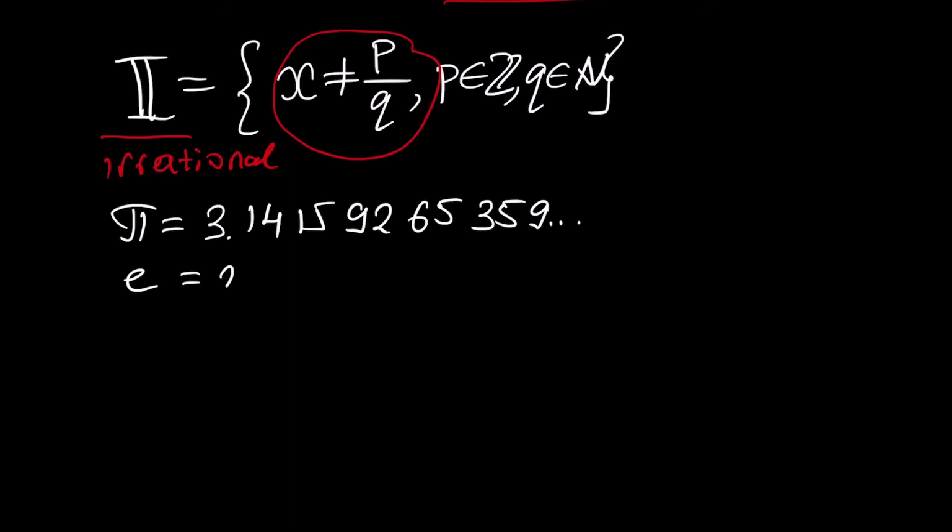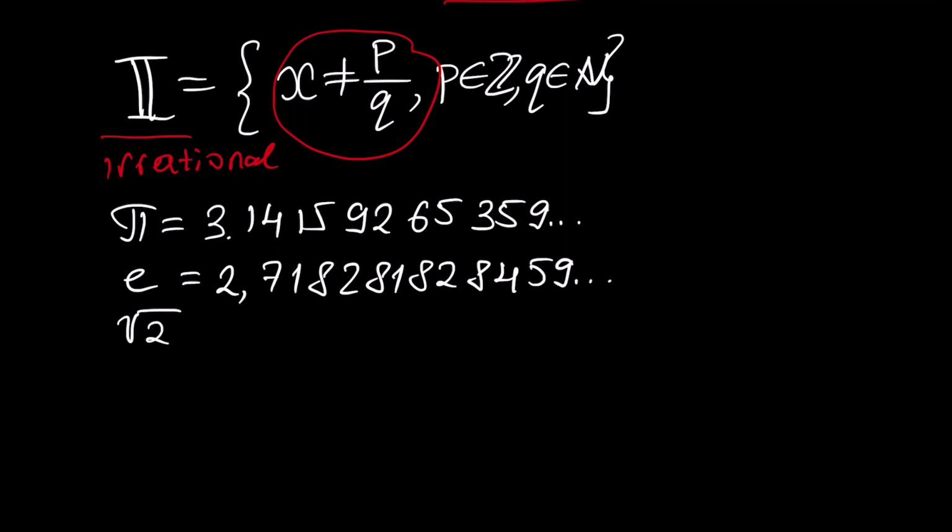Number e is 2.71828182845 9. The next famous example is the square root of 2, which is 1.4142 1356, and so on. And what is the common thing in these three numbers?